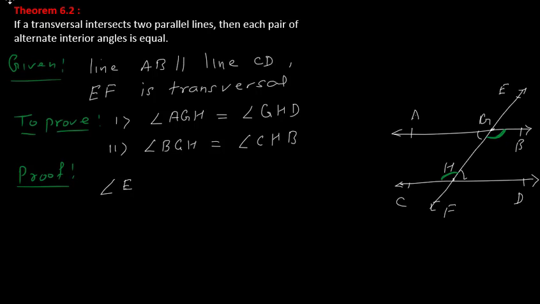In the proof I will write angle EGB is equal to angle AGH. Okay, this I will call equation 1. What is the reason? Vertically opposite angles. Also angle EGB is equal to angle GHD.